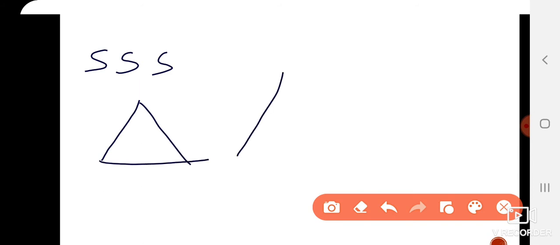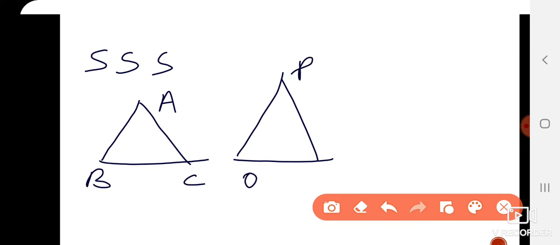Okay, again let us consider two triangles, say A, B, C and P, Q, R. And here I am not writing the values, but if I say the values of AB upon PQ. Now if you can see AB and PQ, they are the corresponding sides of the two triangles.